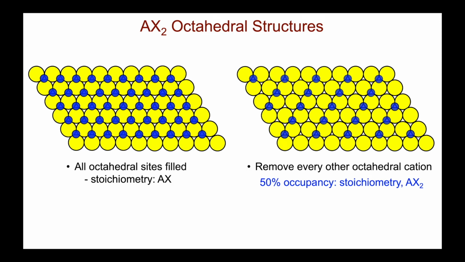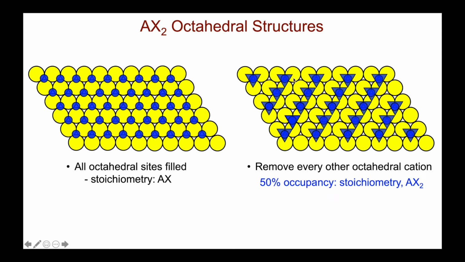Because I've done that, the octahedral interstices are only 50% filled by the cations. Here there is an interstice, but it's vacant. There's no cation in it. So in this case, the stoichiometry of this layer would be AX2. Now let's move towards a polyhedral view by first just showing the base of the octahedron and showing the three anion neighbors of each cation.